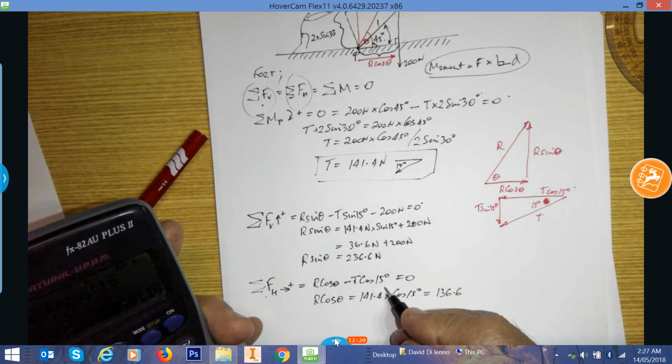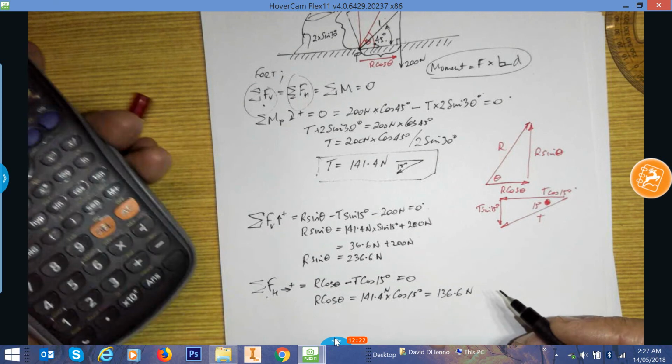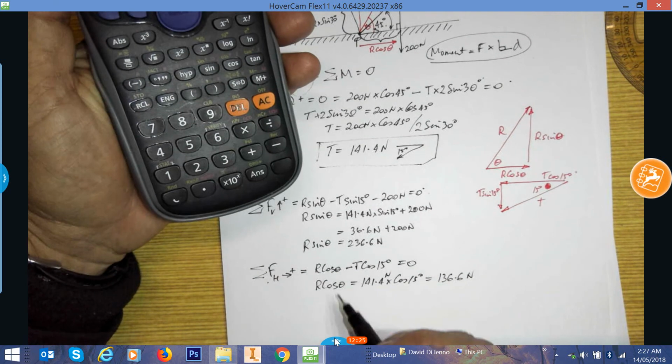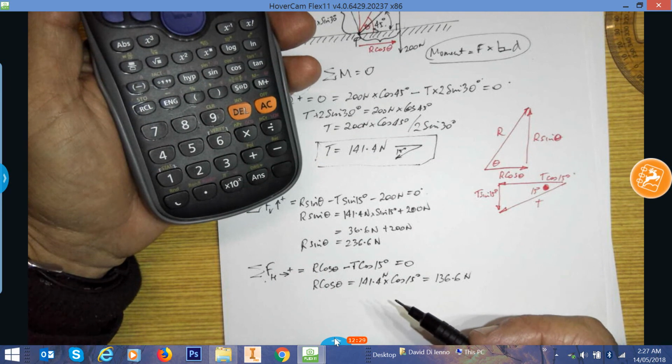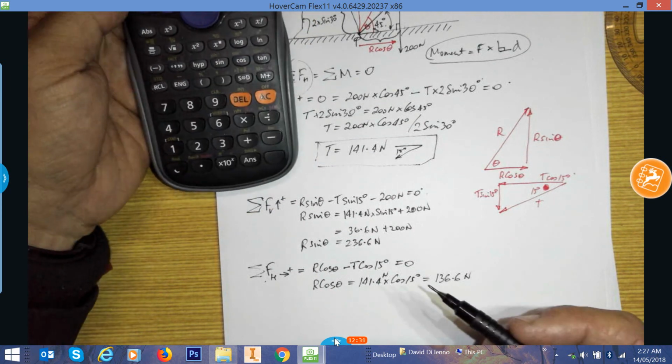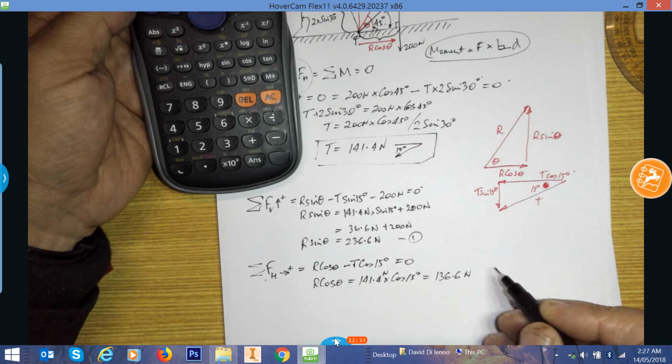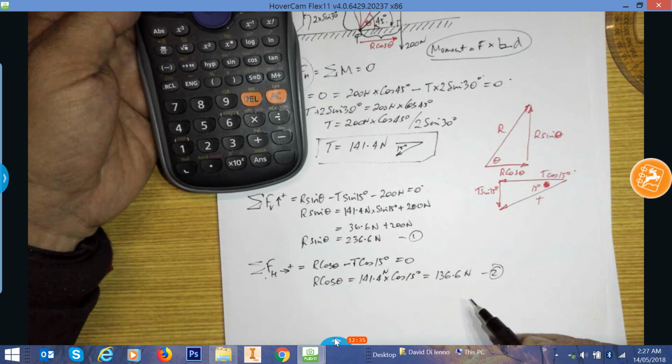And remember that these are newtons, so the answer will come out in newtons. Now we've got R sine theta and R cos theta. We'll call that equation 1 and that equation 2, and let's solve.